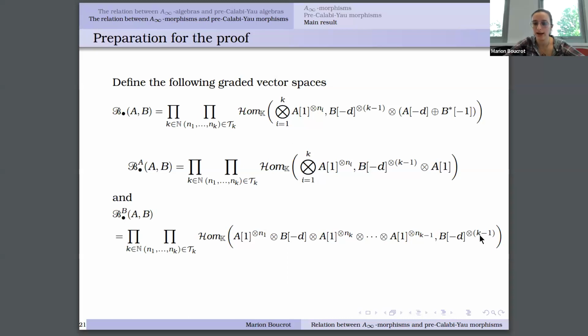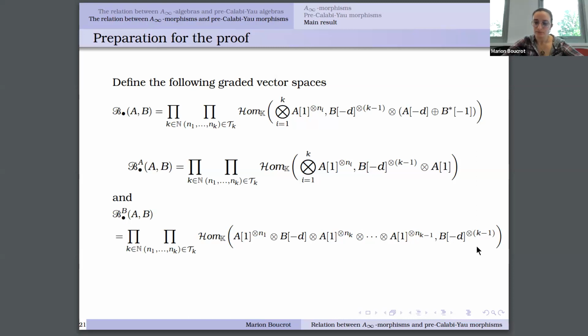Here we have K minus 1, so a tensor product of K minus 1 copies of B shifted by minus D. In fact, we put all the inputs into groups, and the number of outputs we have in all our graded Hom spaces is the same as the number of groups of inputs.